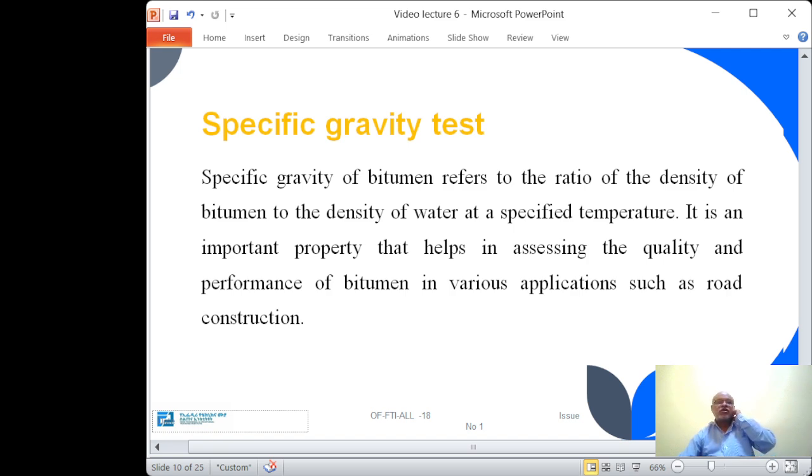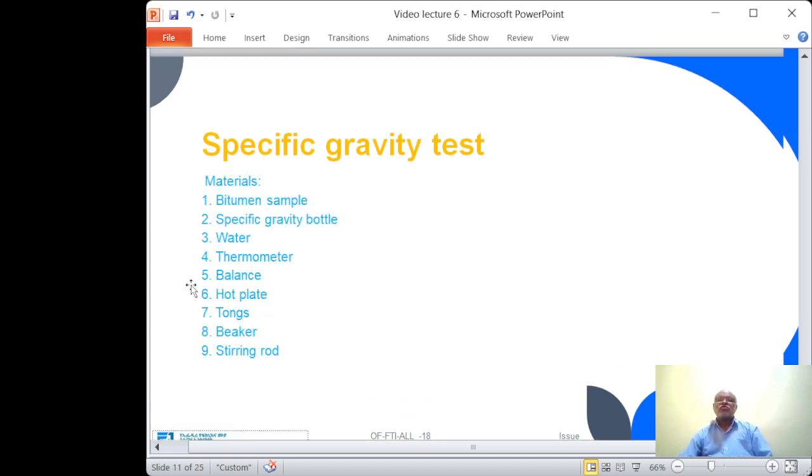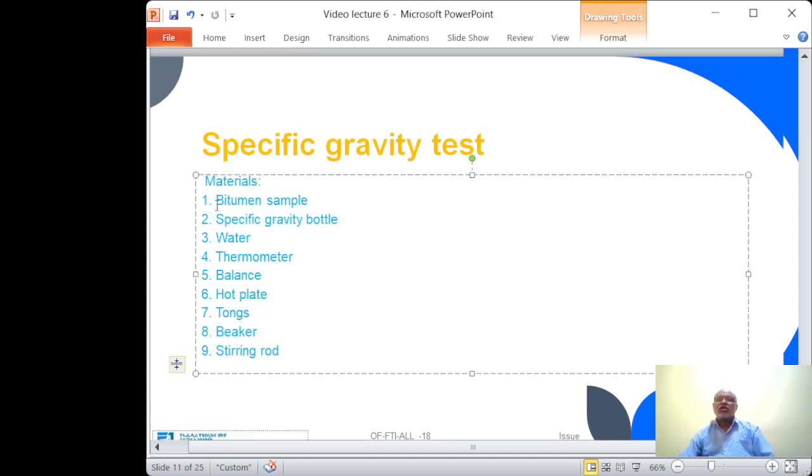The materials required for conducting the test are: 1. Bitumen sample, 2. Specific gravity bottle, 3. Distilled water, 4. Thermometer, 5. Balance, 6.